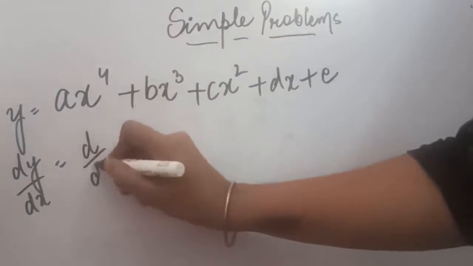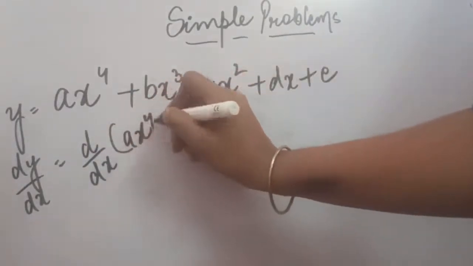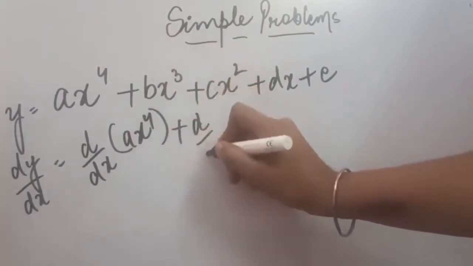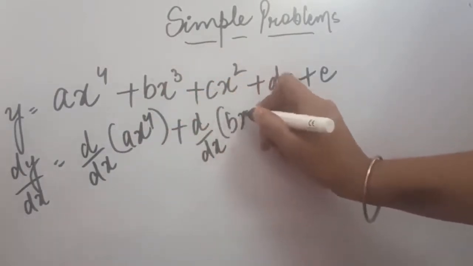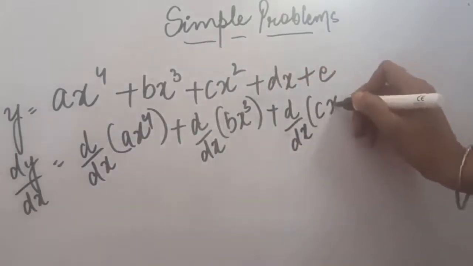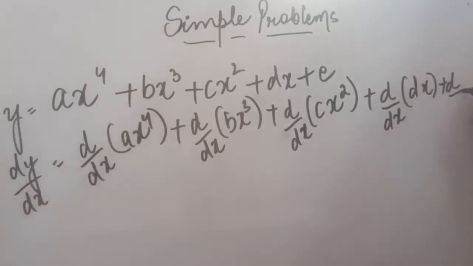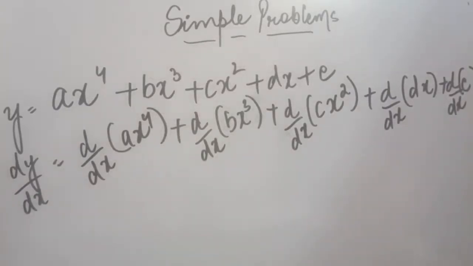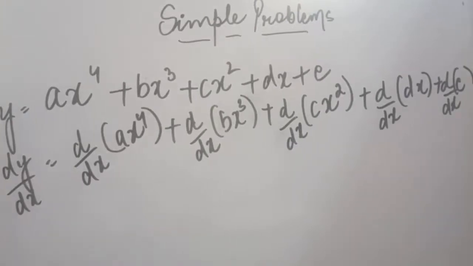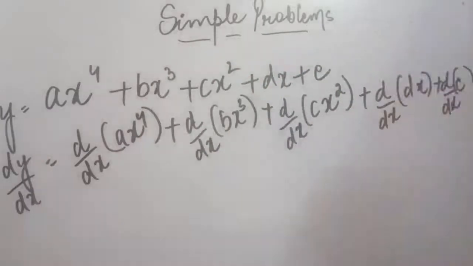So d upon dx of the first term, that is ax power 4, plus d upon dx of the second term, that is bx cube, plus d upon dx of the third term, that is cx square, plus d upon dx of dx, plus d upon dx of e. So like this we have to write all the terms of the function. Individually they can be differentiated as there are plus or minus signs in between.